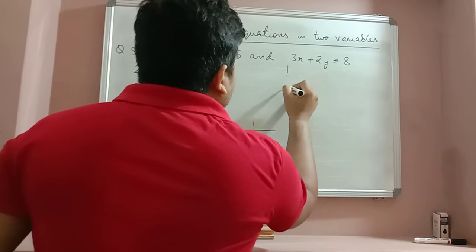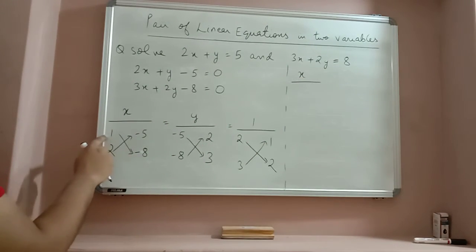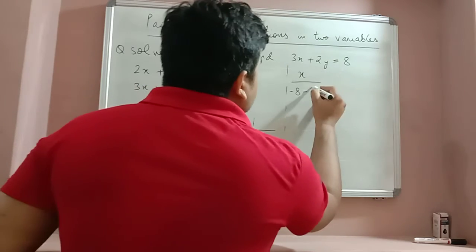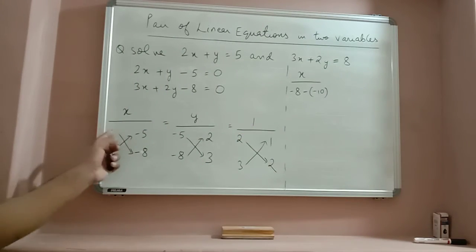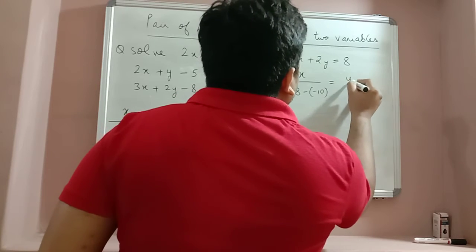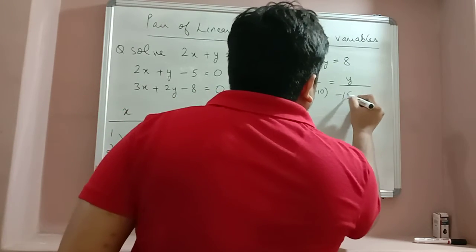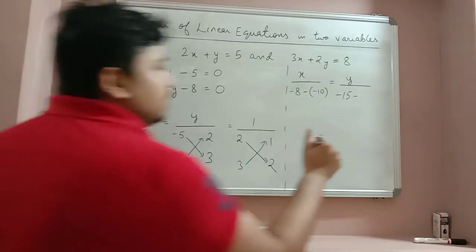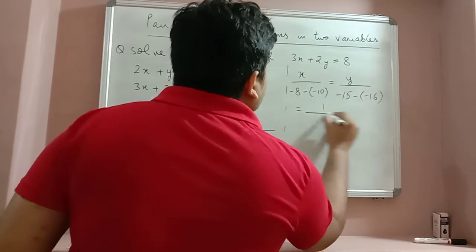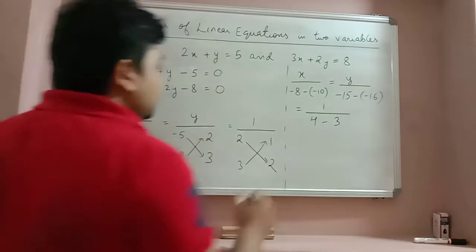So the equation becomes x by minus 8 into 1, that is minus 8, minus 2 into minus 5, that is minus 10. 1 into minus 8 minus 2 into minus 5 equals to y divided by minus 5 into 3, that is minus 15, minus 8 into 2, that is minus 16, and this is equals to 1 over 2 into 2, that is 4, minus 3 into 1, that is 3.